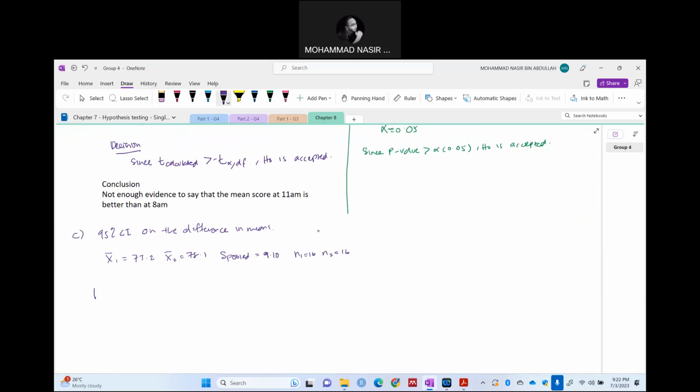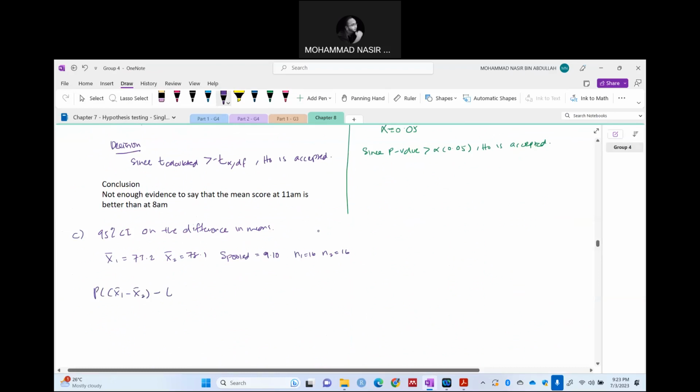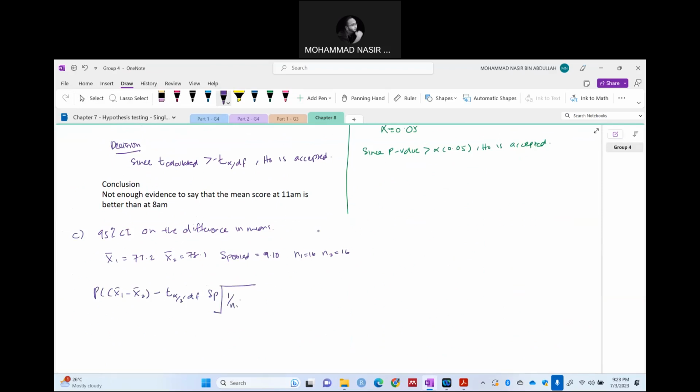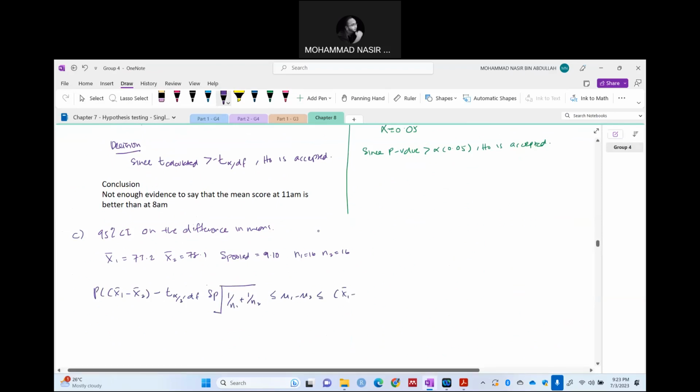So the confidence interval is x bar 1 minus x bar 2 minus T alpha divided by 2 with degrees of freedom, and SP multiplied by the square root of 1 over n1 plus 1 over n2, less than mu1 minus mu2, less than x bar 1 minus x bar 2 plus T alpha divided by 2 with degrees of freedom, SP multiplied by the square root of 1 over n1 plus 1 over n2. So this should be 1 minus alpha.